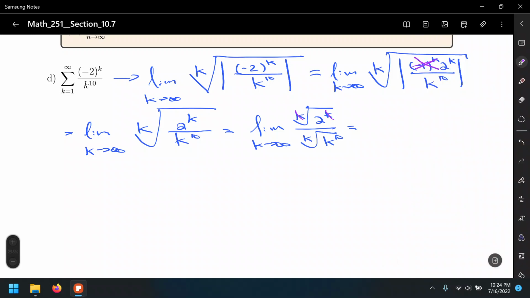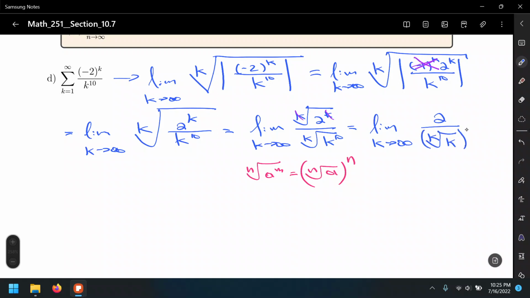What I'm going to do, number 1, is write down the property of radicals that I'm going to use. Let me state the rule: the nth root of a to the m is the same as the nth root of a, to the m power, and I'm going to apply this to the denominator right here. So this will be the limit as k approaches infinity. In the numerator we have a 2, and in the denominator the kth root of k, the whole thing to the 10th power.